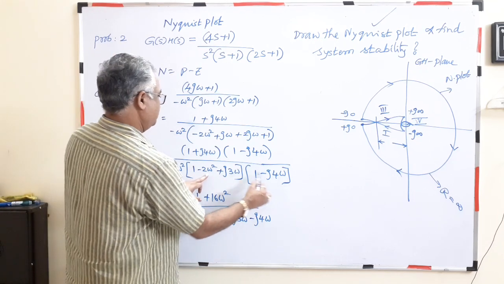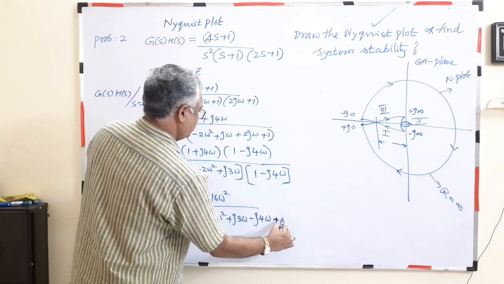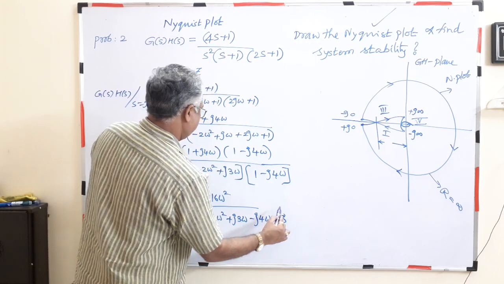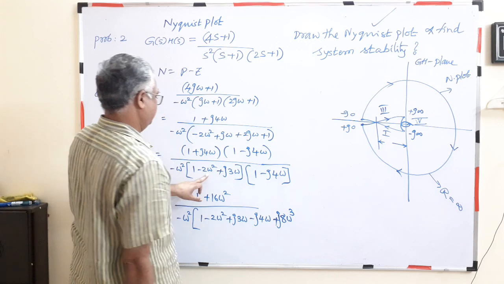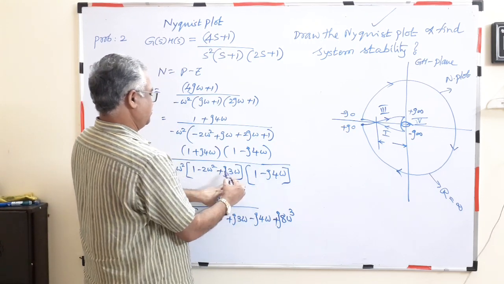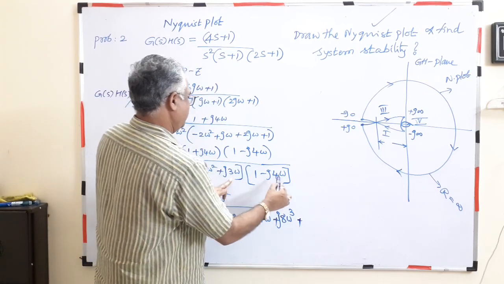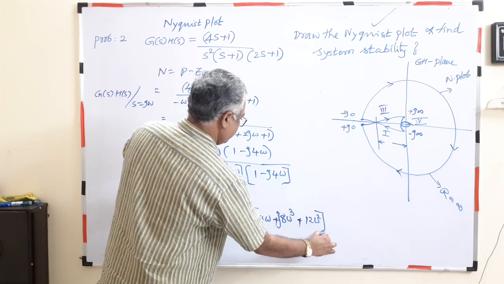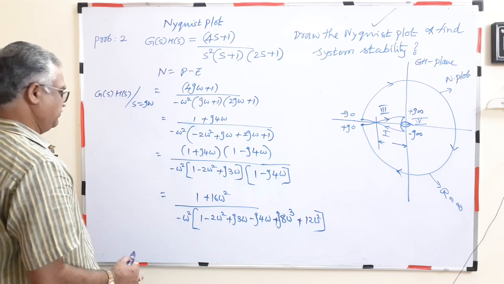Then this one, minus minus plus, 4 into 2, 8 j omega cube. Then this one, j square, minus minus minus plus, then 4 into 3, 12 omega square. This we have to simplify.